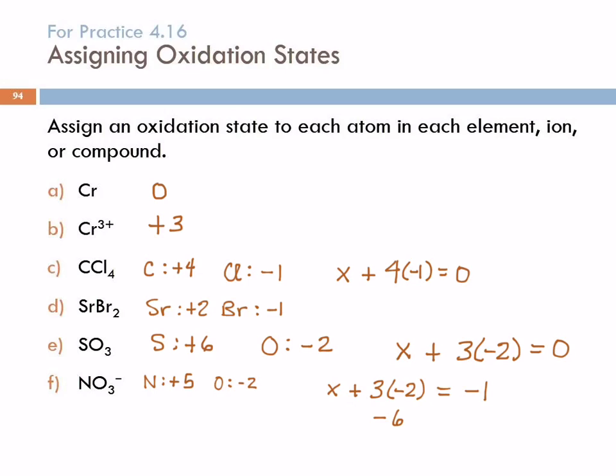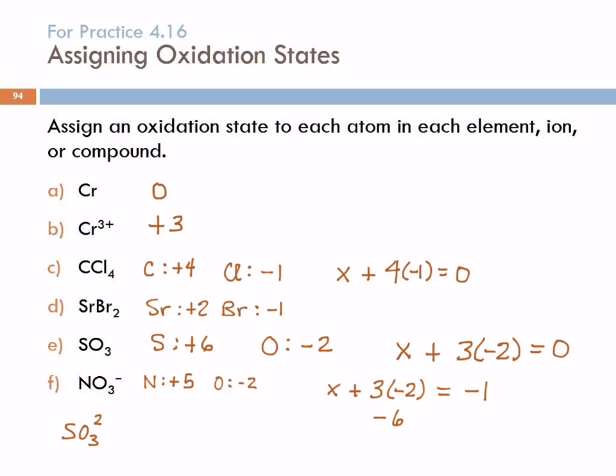Yes? Okay, so SO3, it's not implied that it's a polyatomic ion if there's no sign showing that. If there's no sign, it's not a polyatomic ion. This compound is sulfur trioxide. It's a molecular compound. There's an ion that looks very similar.